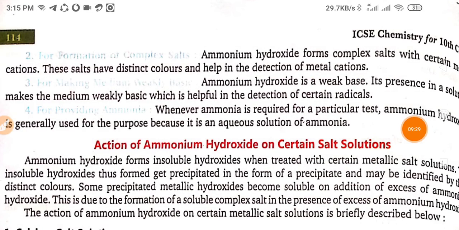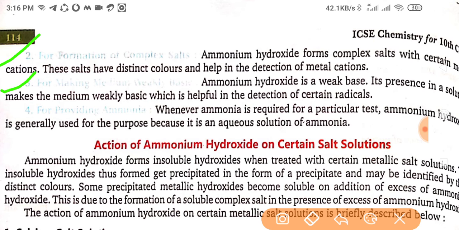And the second use of ammonium hydroxide is formation of complex salts. Ammonium hydroxide forms complex salts with certain metal cations. These salts have distinct colors and help in detection of metal cations. So in all these processes, we identify or detect the metal cations.